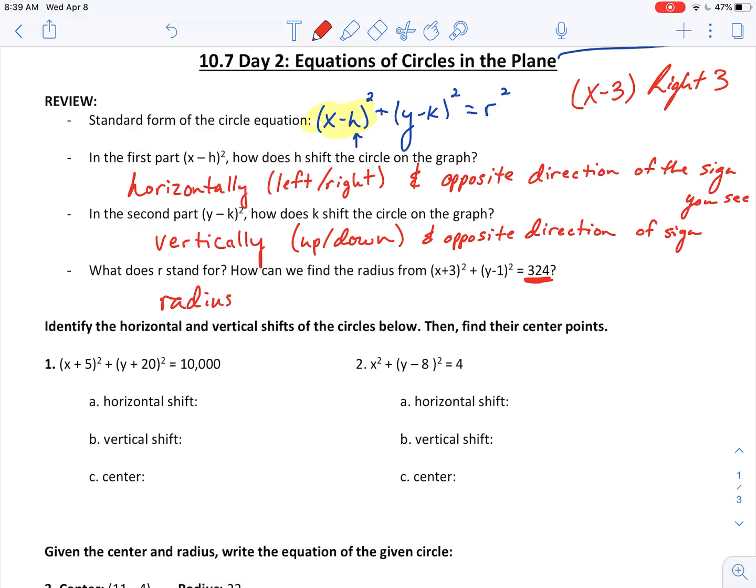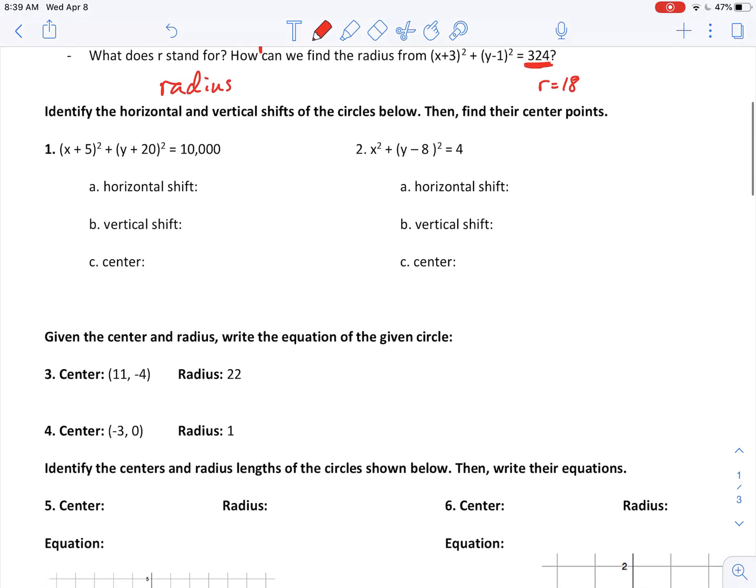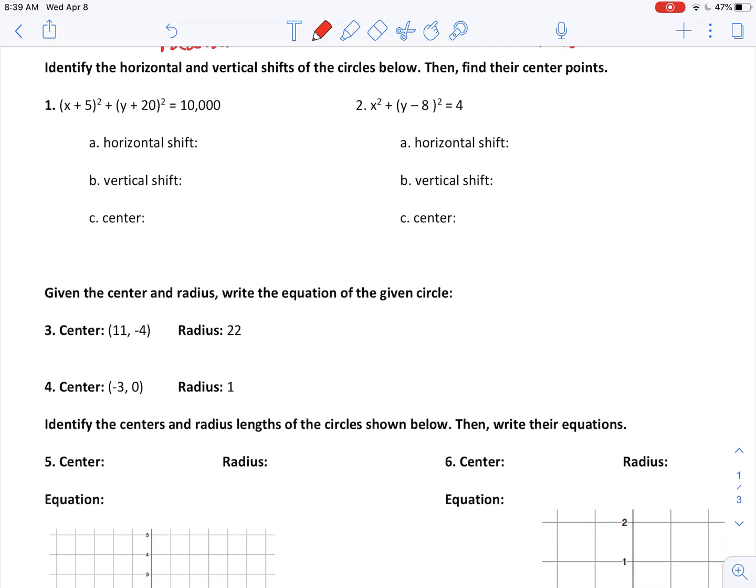And r, again, is that radius. So r is just the radius. And if you're looking at a regular equation, you've got to be careful about this is r squared. So 324 here would be r squared. So r would be 18.